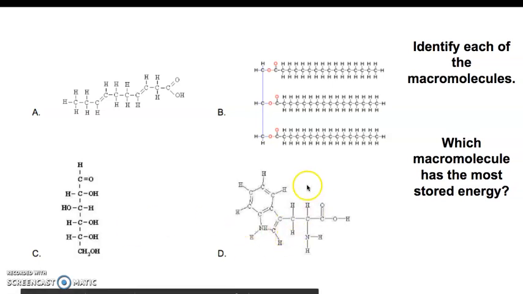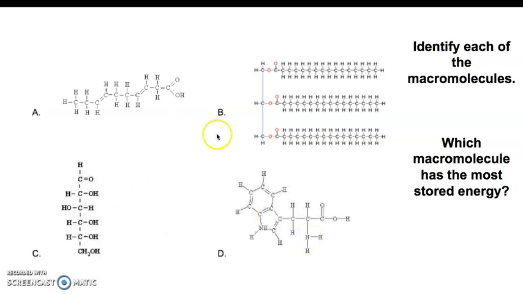And then here we're going to look carbon, hydrogen, nitrogen, more nitrogen there, and oxygen. So, that tells us that this must be a protein. And if we look at its structure, there is that amino group, there is that COOH group, and then here is that side chain group that makes it its own unique amino acid. So this is a protein.